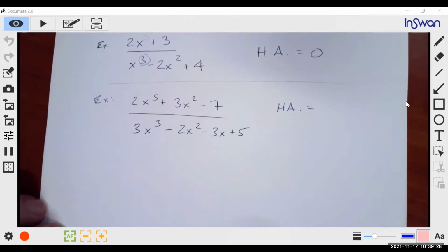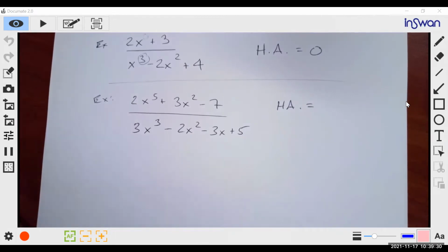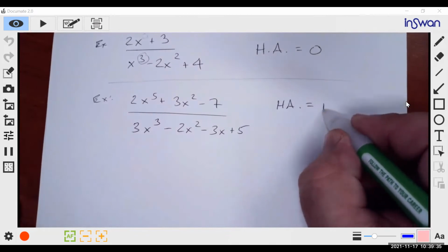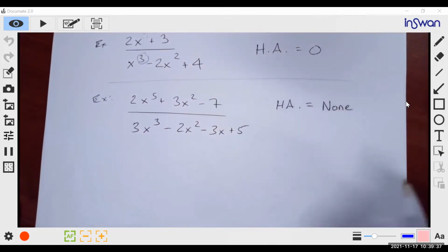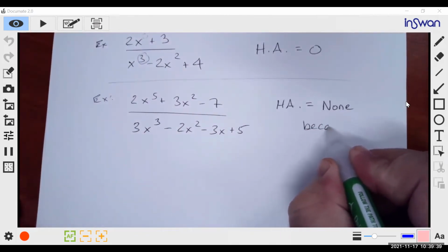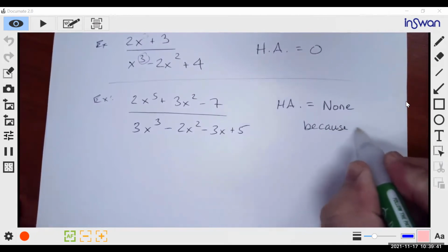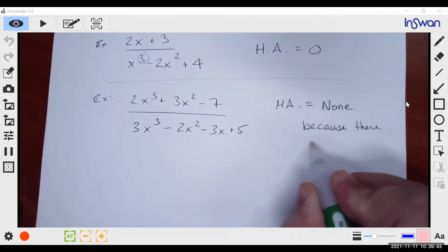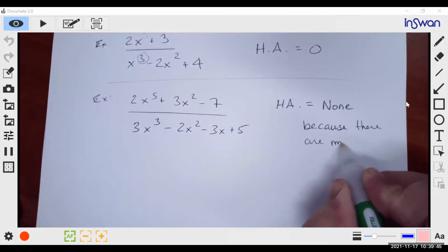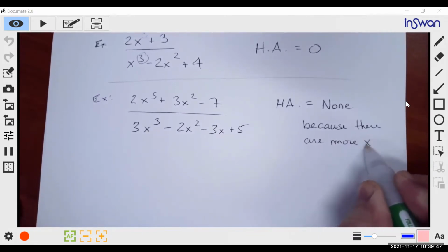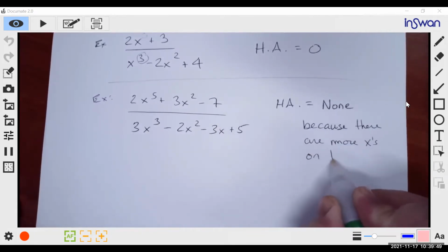What's my horizontal asymptote for this one? Yep. Because there are more x's on top.